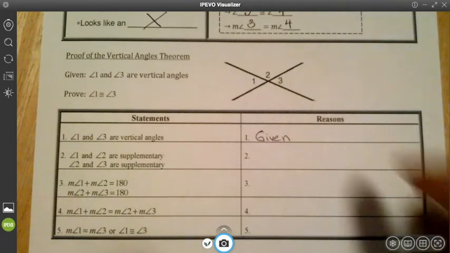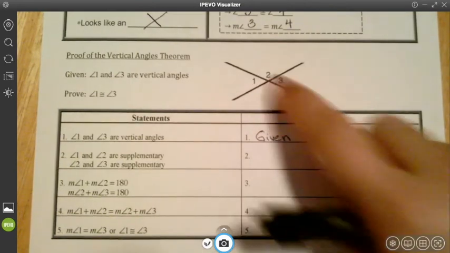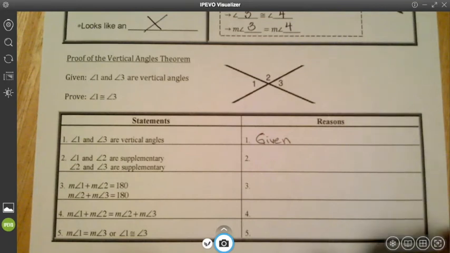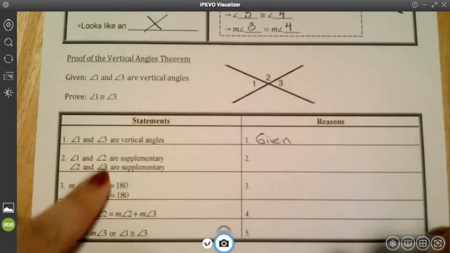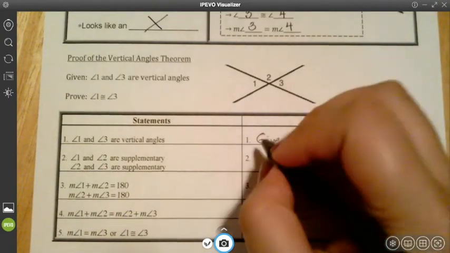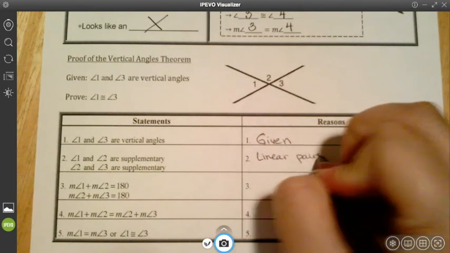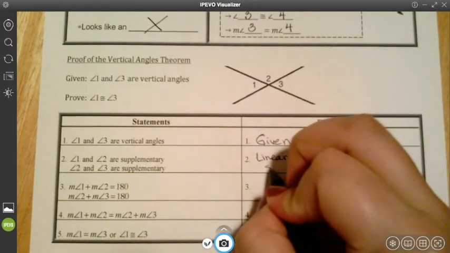And what do they have in common? Well, they're both supplementary to angle 2, right? They both create a linear pair with angle 2. And so since 1 and 2 are supplementary and 2 and 3 are supplementary, we can say this is because linear pairs are supplementary.